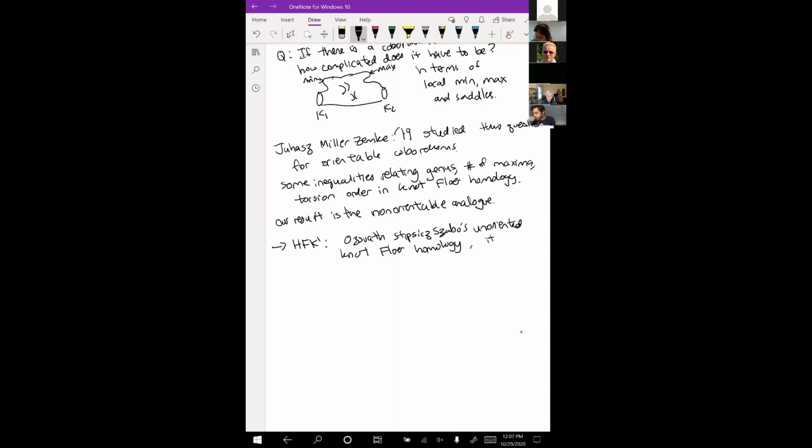It's a module over F[U], the polynomial ring, where F is the field of two elements. What we're in particular going to be using is the torsion order, which is defined as the minimum n such that U to the n kills the torsion.